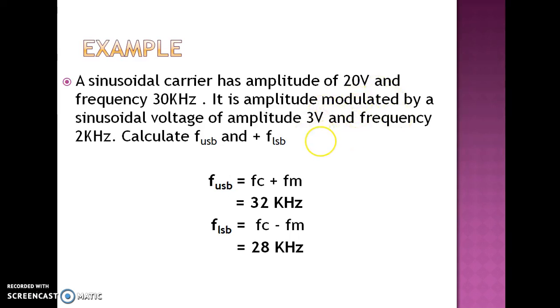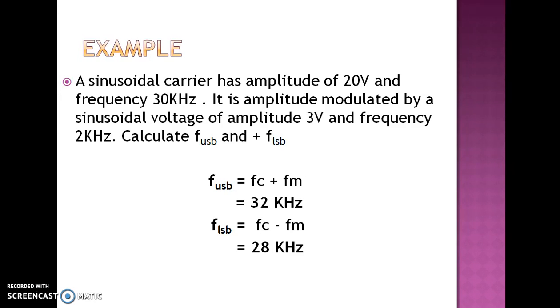Here two signals are given. One is the carrier signal whose amplitude is 20 and frequency Fc is 30 kilohertz, and the modulating signal voltage is 3 volt and frequency is 2 kilohertz.